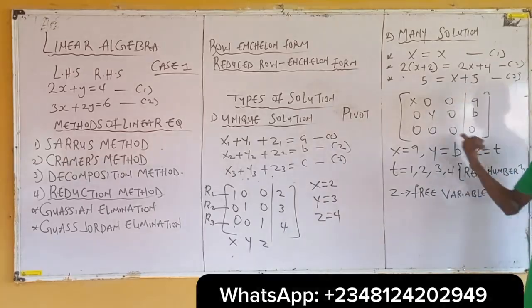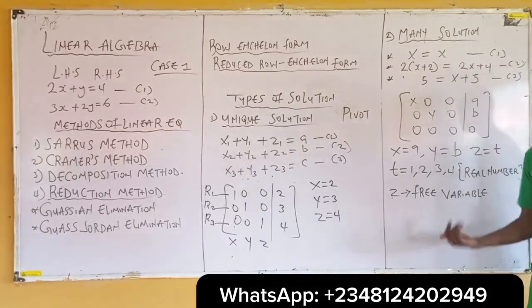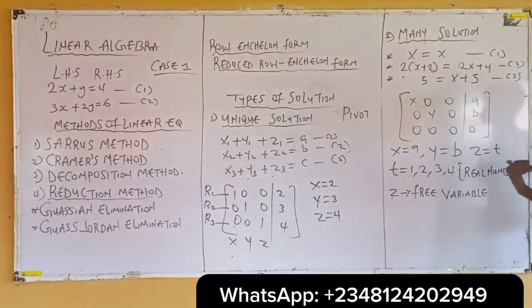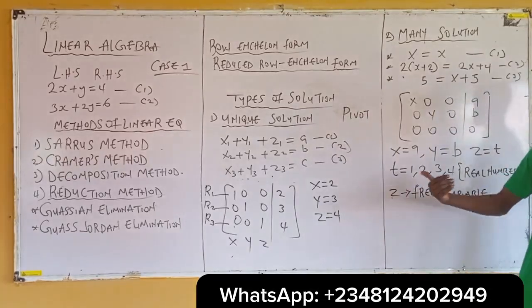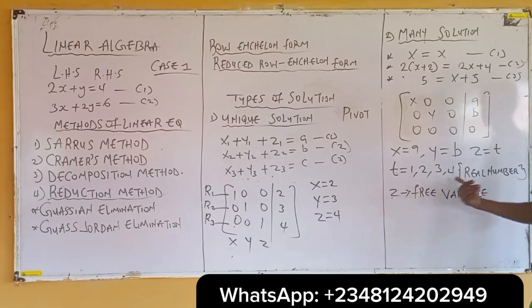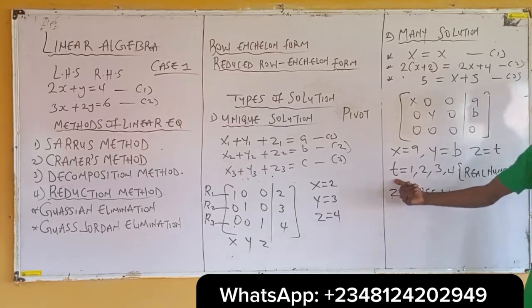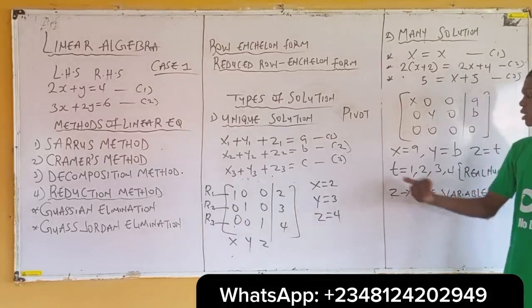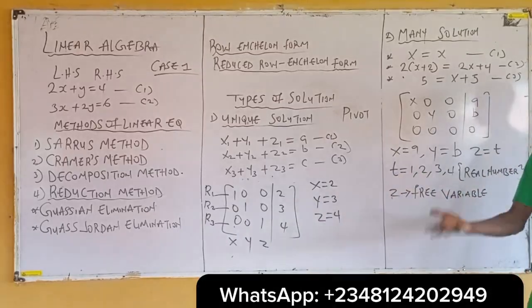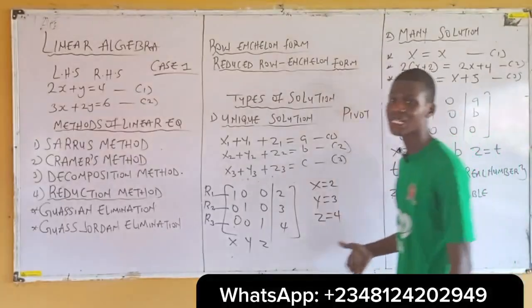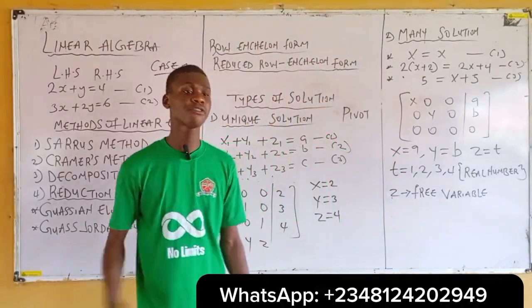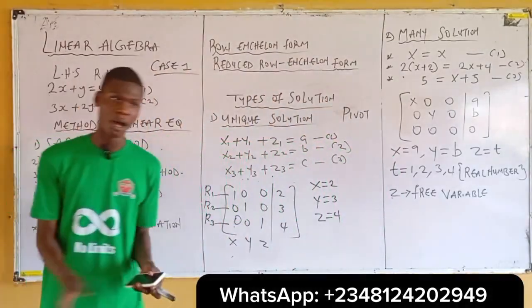Now, same idea. In this case, we don't know the value of z, so we are saying let z equal t. Let t equal what? 1, 2, 3, 4, meaning real numbers. In some cases, depending on your assumption, t might be equal to 100. You are still correct. So z is a free variable, and by free variable, you can assume any number for z.